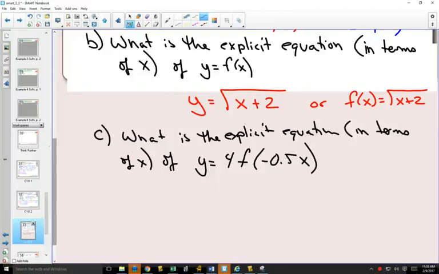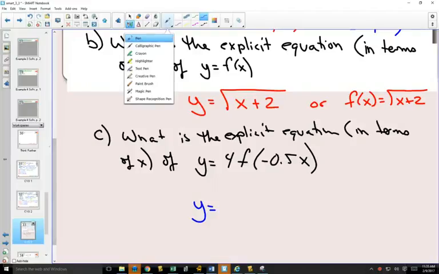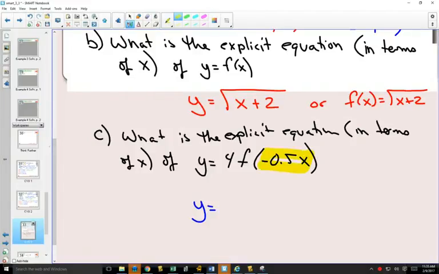Well, it means there's going to be a 4 multiplied by this. And f of negative 0.5x, what function notation means, is whatever you put into that function replaces everywhere where there's an x.